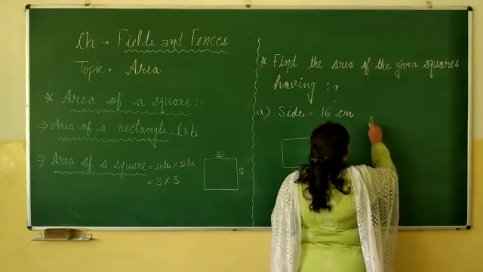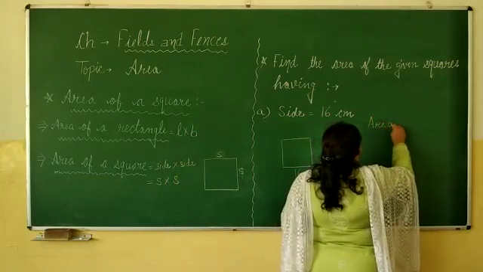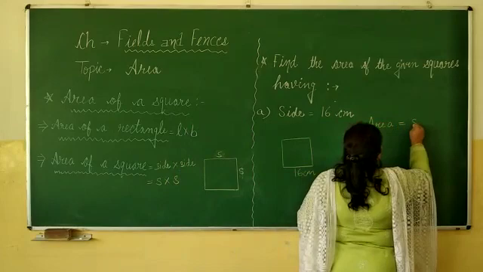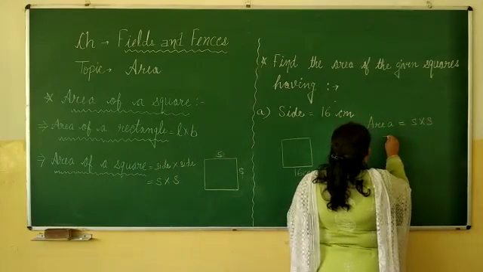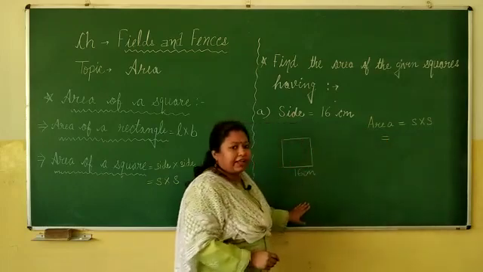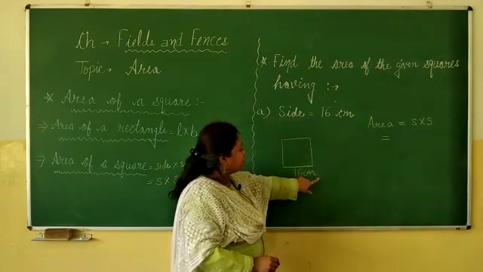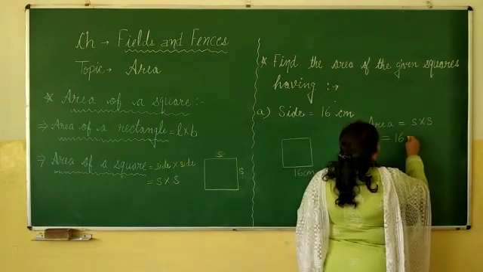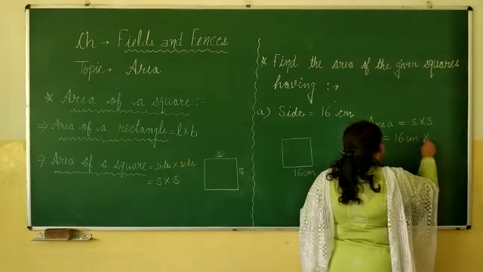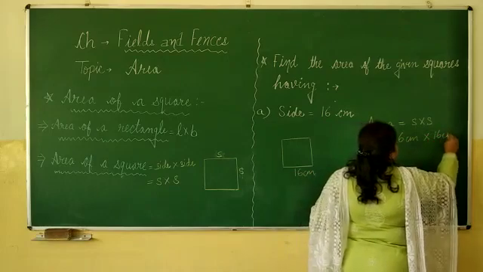Let's write the formula. The formula is S into S. So what's the side here? Side is 16 centimeter. So we will multiply 16 by 16.